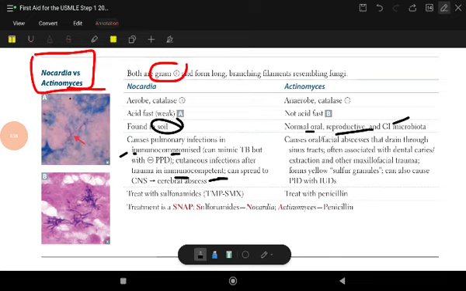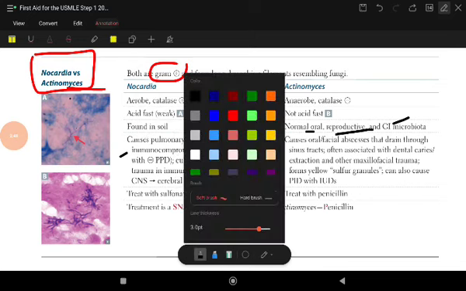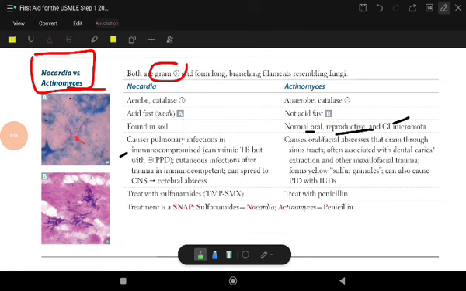Now, Nocardia leads to pulmonary infection, lung infection, and you feel like the patient is having TB, but it's actually Nocardia, so it can mimic TB. But there is a very important key feature: PPD will be negative. What does it even mean by this PPD?